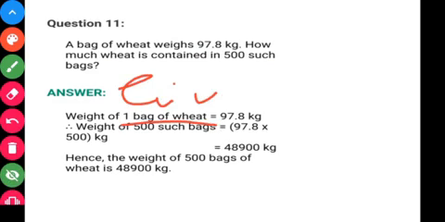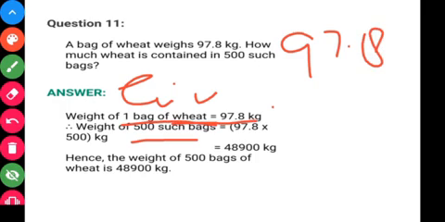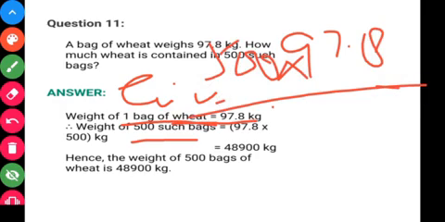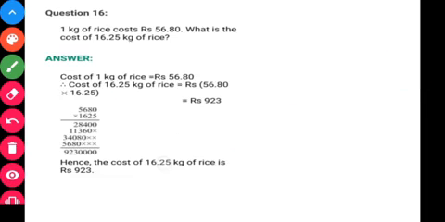Weight of one bag of wheat is 97.8 kg. Therefore, weight of 500 such bags. Okay, so weight of one bag is 97.8, so weight of 500 bags is equal to 500 into this. So now multiply this, you can get the answer. Now come to next question.